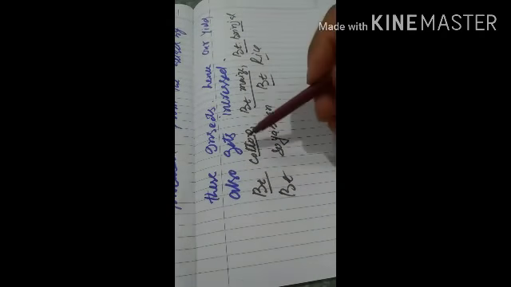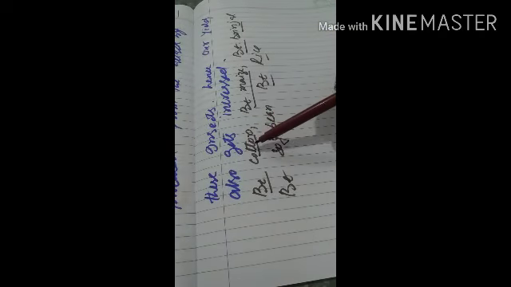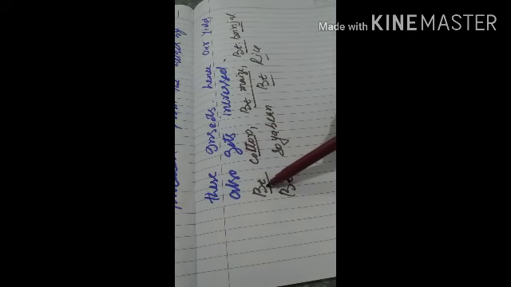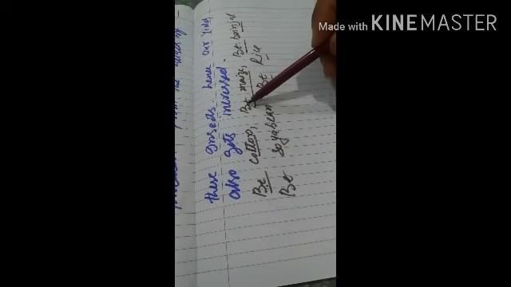Here you will see in front of each crop, that is in front of cotton, you will see Bt written. In front of maize, Bt written.